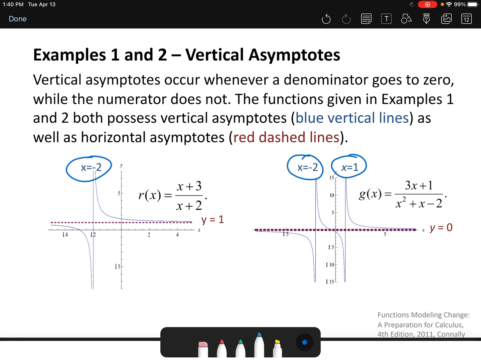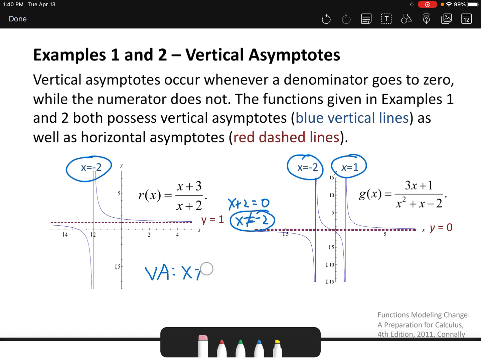If you recall, vertical asymptotes are going to be found when x does not exist. Well, x cannot exist when the denominator is 0. And the denominator is 0 at x + 2 = 0, so x cannot be −2.